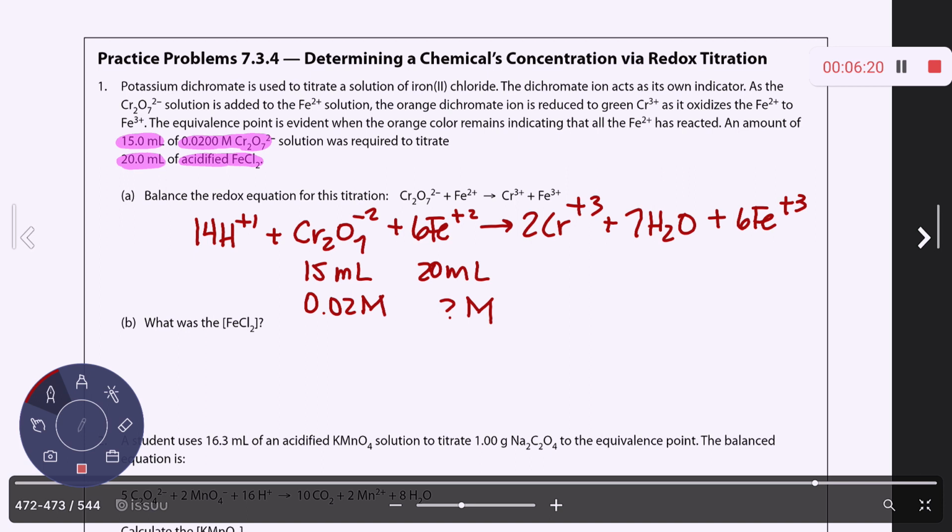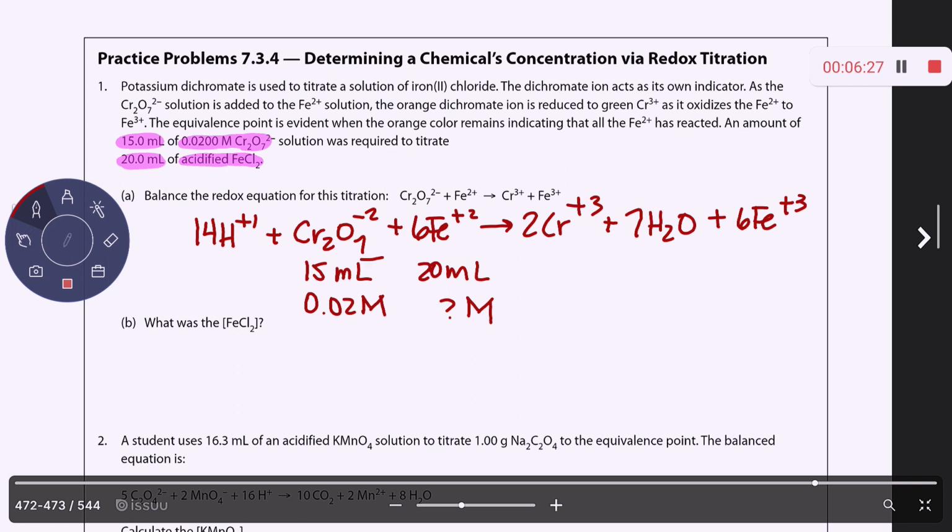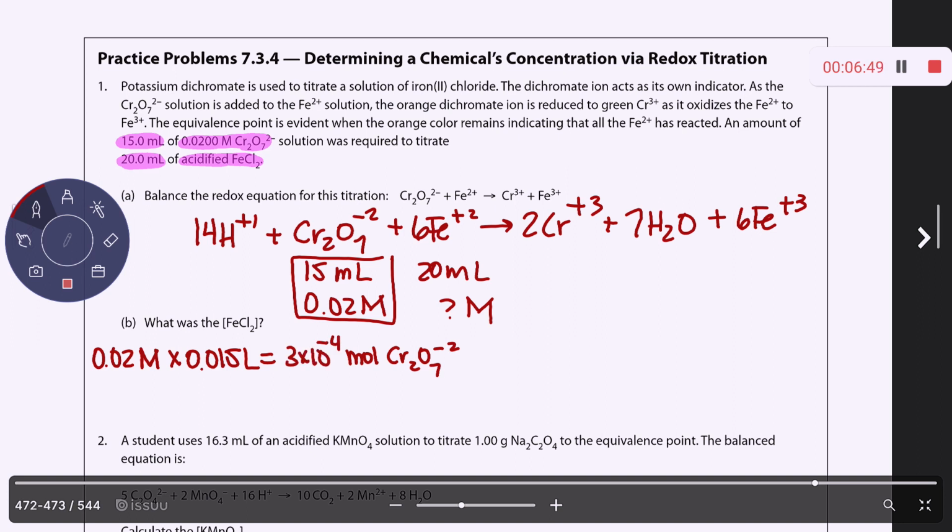Follow the same format as we have in all the other titration calculations. So you start here where you've got a molarity and a volume of a substance. So take your 0.02 molarity times 0.015 liters. This will give you your moles of dichromate. It's 3 times 10 to the -4th.